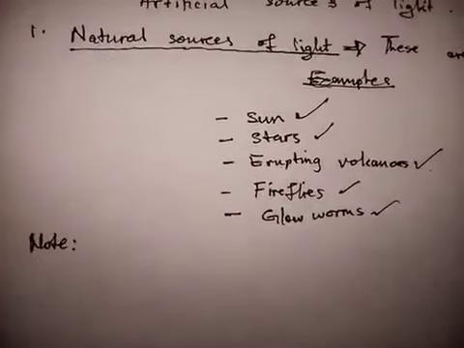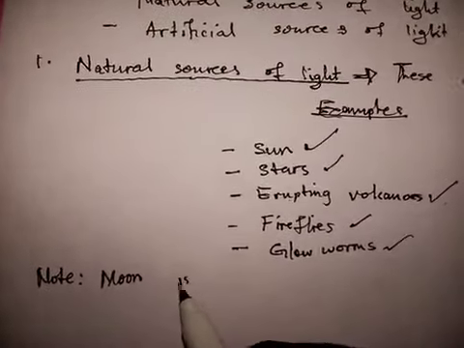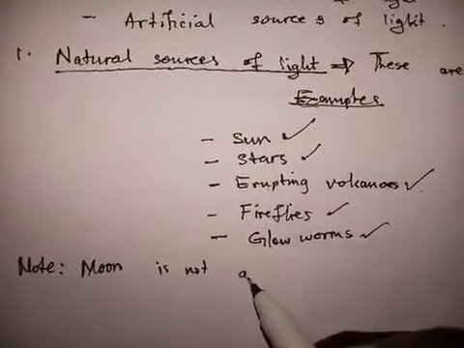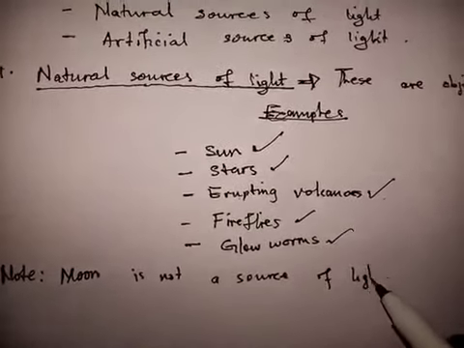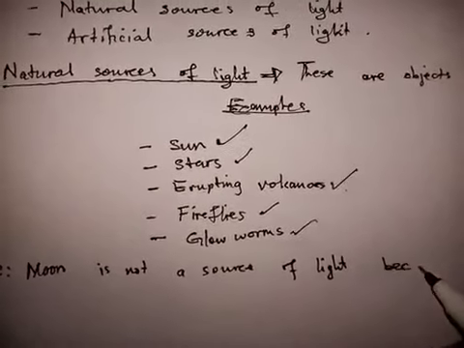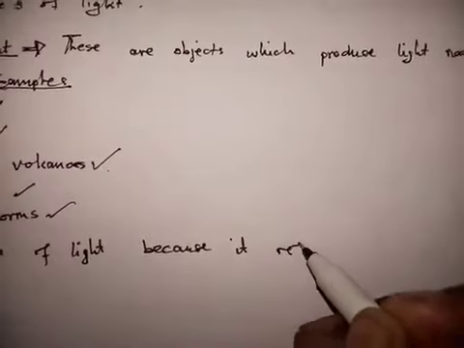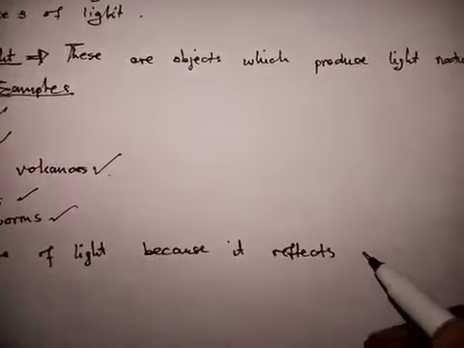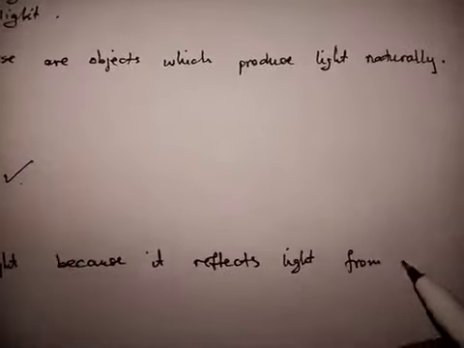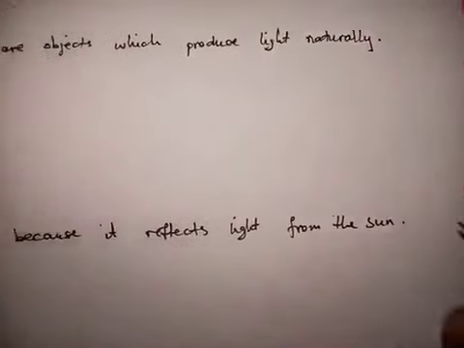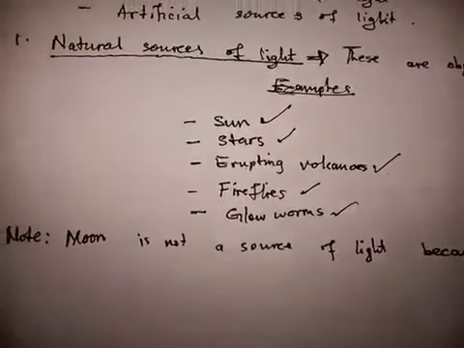The moon is not a source of light because it reflects light from the sun. That is why the moon is not a source of light.